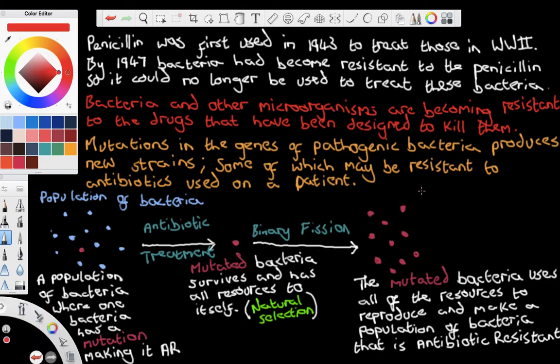So we can say next to this that the antibiotics will not work on this population, which is resistant.